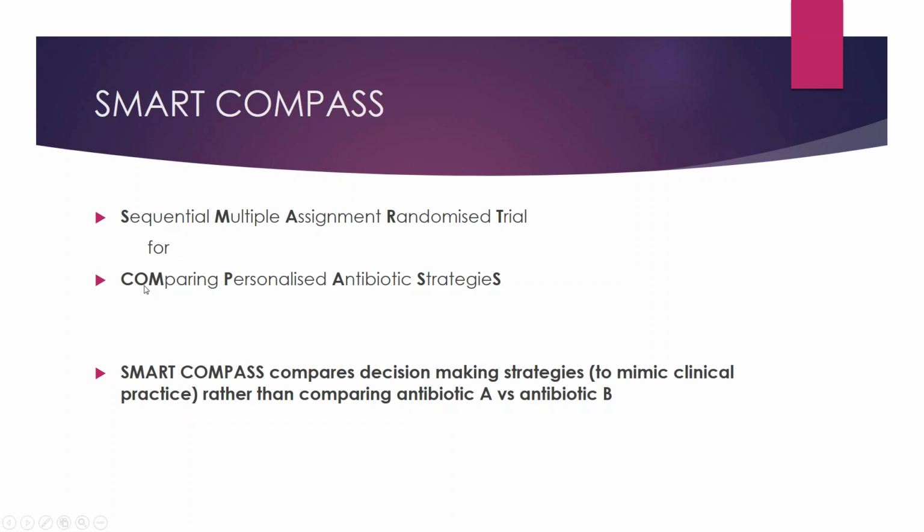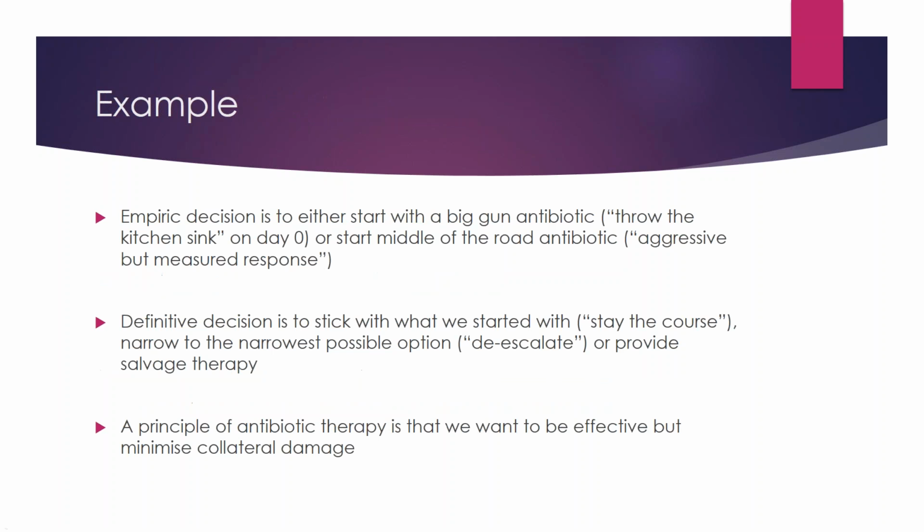And in this particular example, we're comparing personalized antibiotic strategies. So here, instead of just comparing antibiotic A versus antibiotic B, which is what a drug company would do, we're trying to compare decision-making strategies very much to mimic clinical practice.